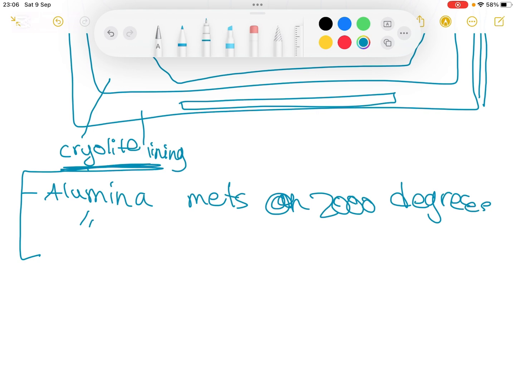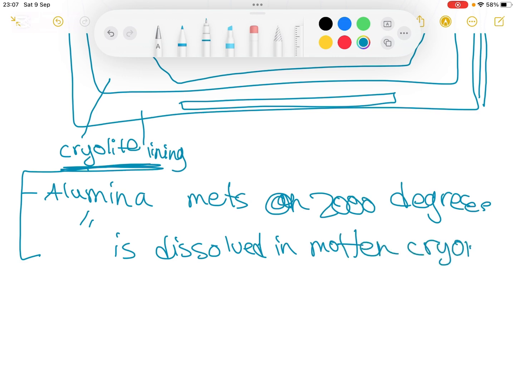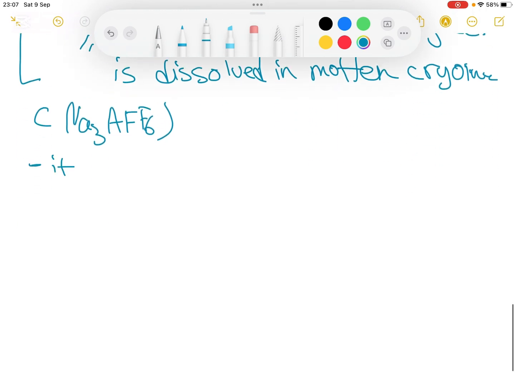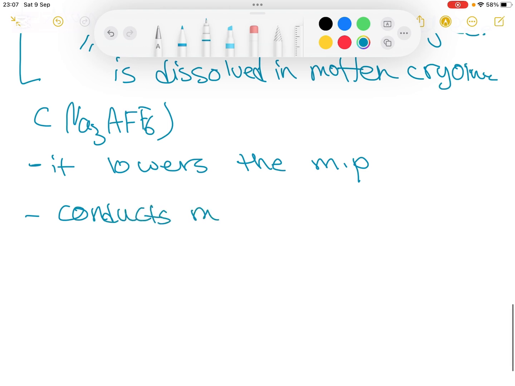The alumina is dissolved in molten cryolite because it lowers the melting point and it conducts more.